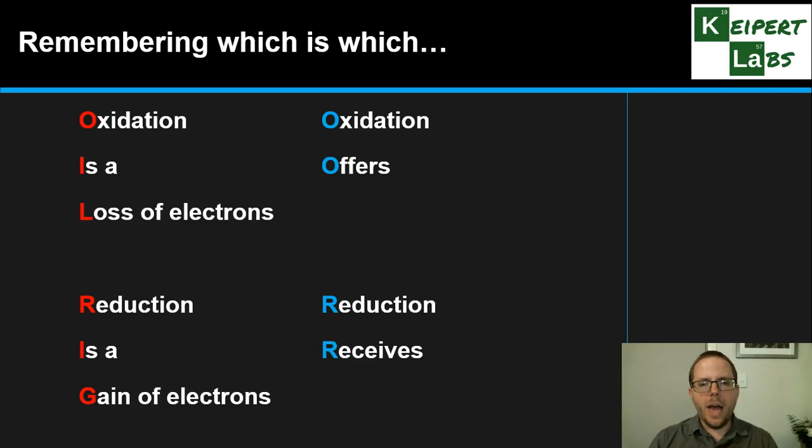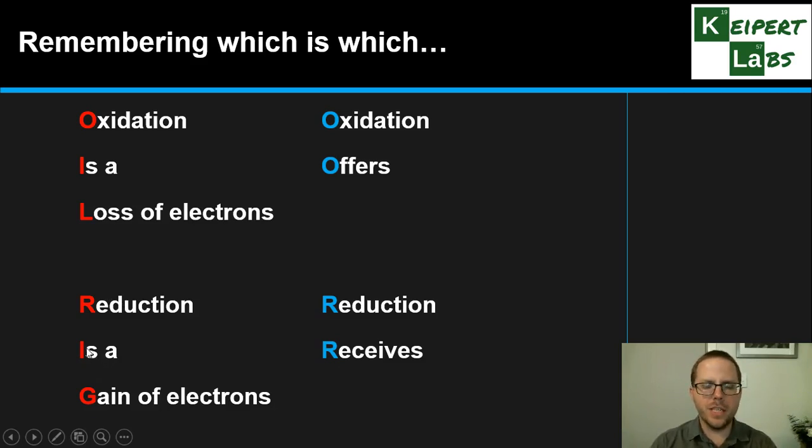Okay, so I've got two little tricks to help you remember which is which. The first one that I would suggest is the one on the left, which has the little red letters. So which is the acronym OILRIG. Okay, oxidation is loss and reduction is gain. OILRIG. So oxidation is a loss of electrons, reduction is a gain of electrons.